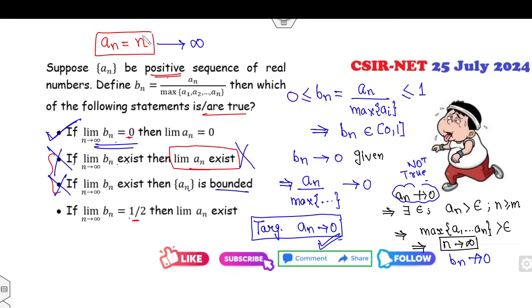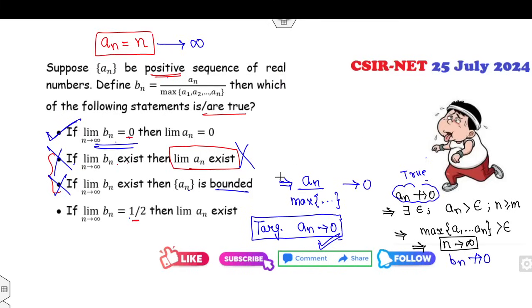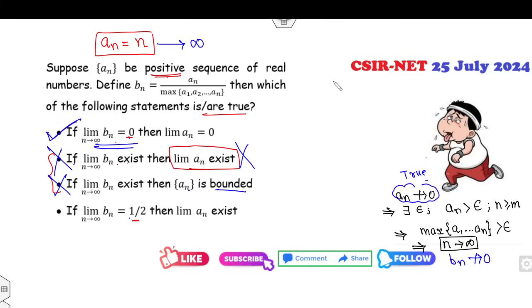Now you can see again b_n goes to 0. What does it mean? Another way you can say |b_n minus 0| is less than epsilon. Your target is to prove a_n goes to 0. Assume that it does not go to 0. That means a_n will be greater than epsilon.